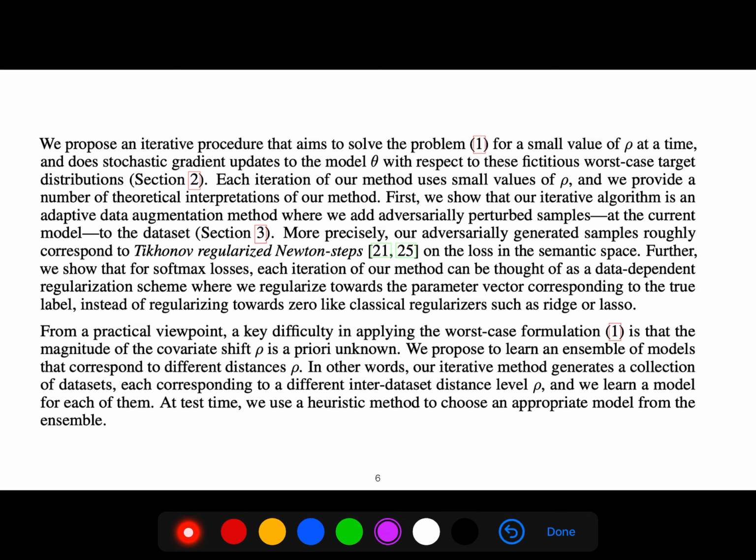In other words, our iterative method generates a collection of datasets, each corresponding to a different inter-dataset distance level rho, and we learn a model for each of them. At test time, we use a heuristic method to choose an appropriate model from the ensemble.